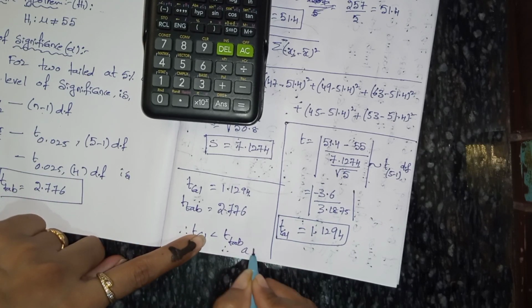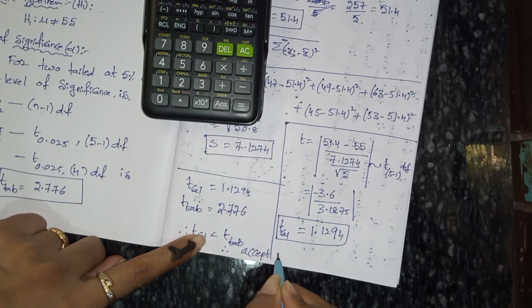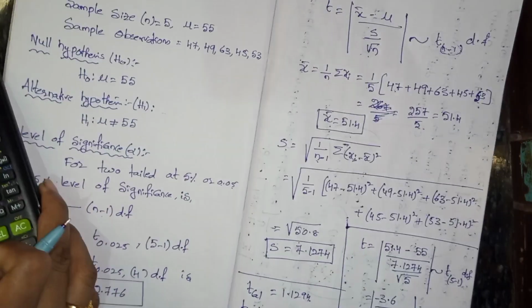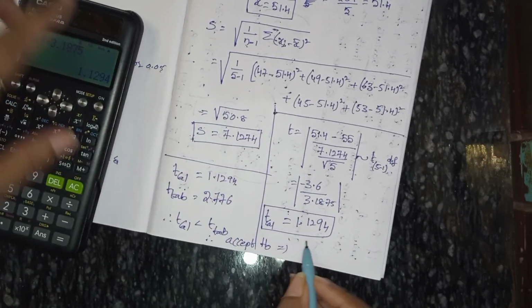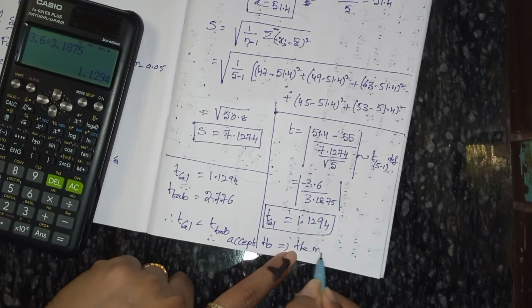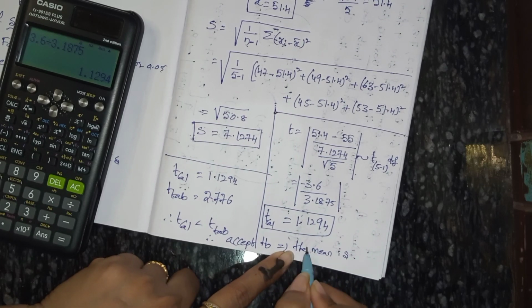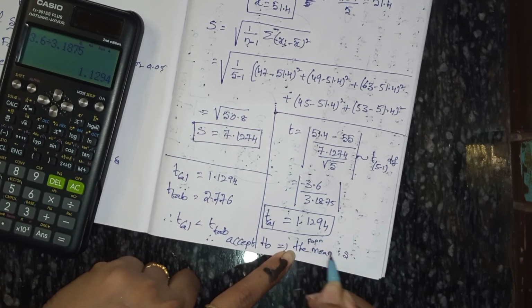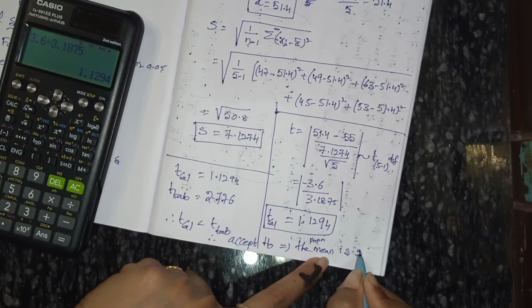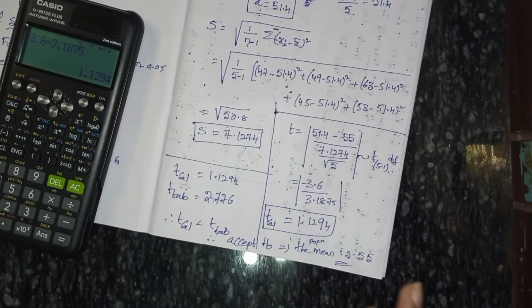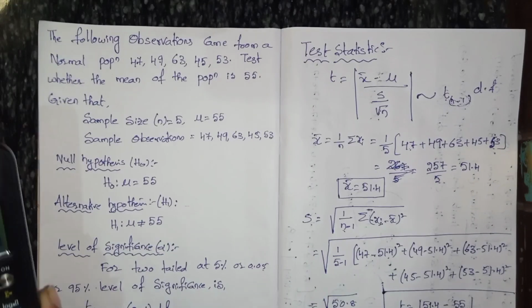Therefore accept H naught, the null hypothesis. What does the null hypothesis say? The population mean is 55. So this is about today's question.